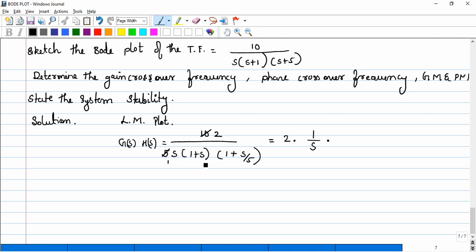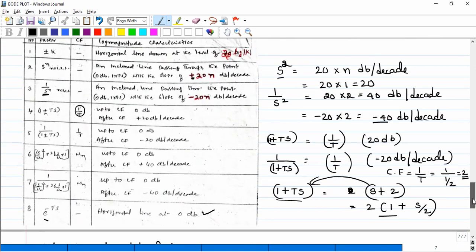Okay, so how to select the first order factor? Depending on the corner frequency. So for 1 plus s, if you check the table you will understand.